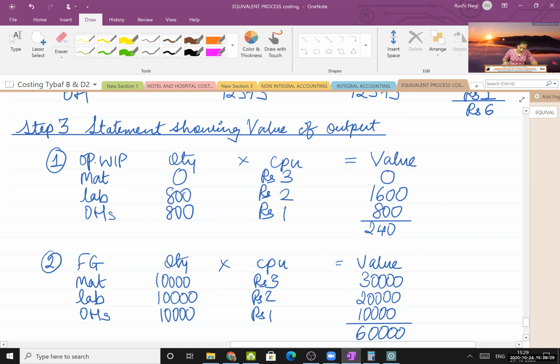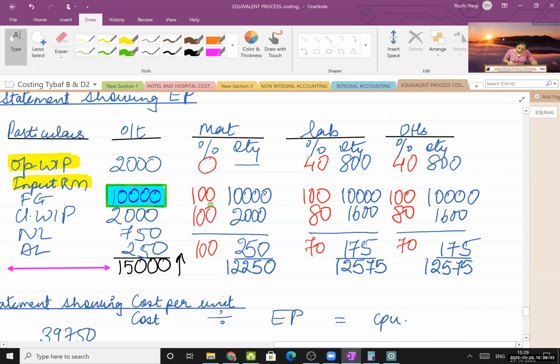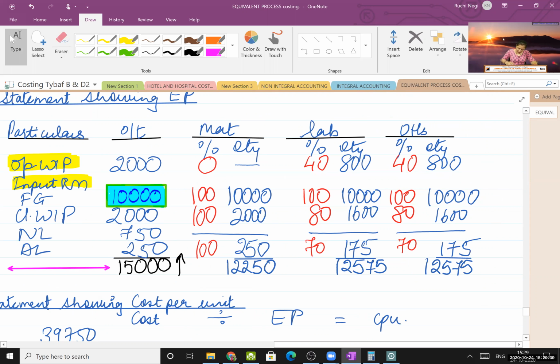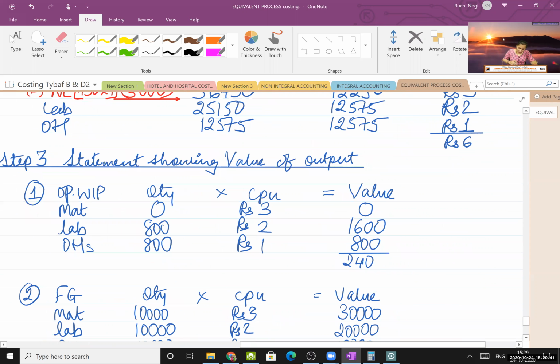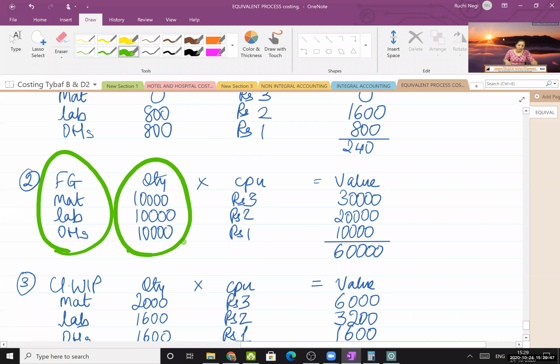Next. Finished goods. Go to step 1. Finished goods कितना है? 10,000, 10,000, 10,000. So write it down. WIP के बाद next finished goods. Quantity is how much? 10,000, 10,000, 10,000. CPU is how much? 3, 2, 1.